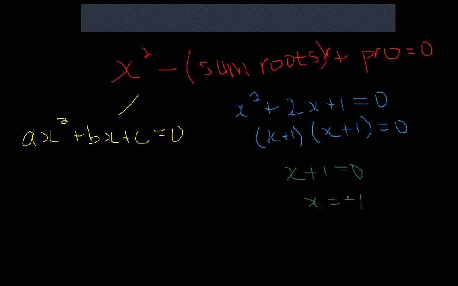What does this mean to me? This value of x. If x is equal to minus 1, then my root for this quadratic is minus 1. So this x, this is my root. What does this say? Sum of the roots.